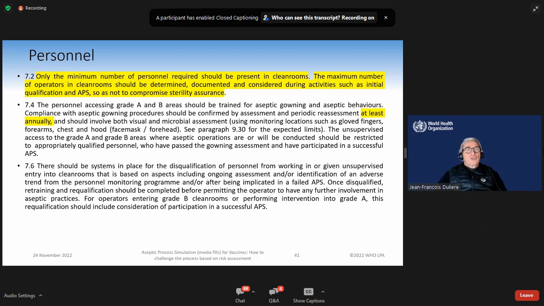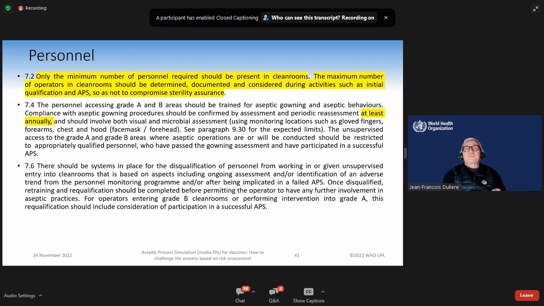So, what is validated during the first validation work, and during the requalification work, and during the aseptic process simulation?